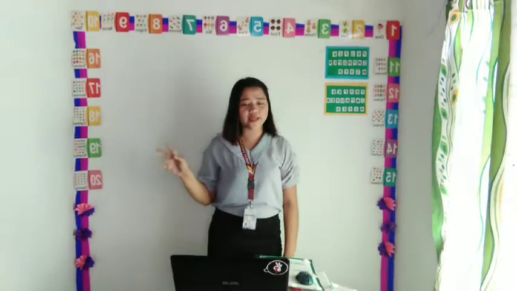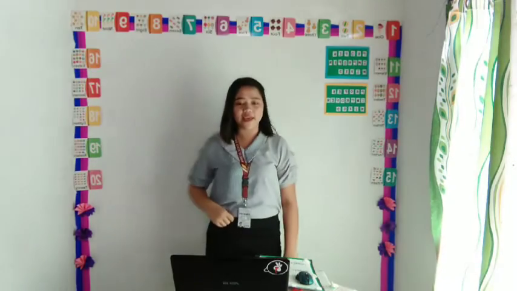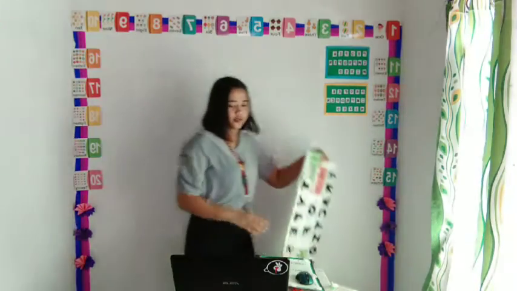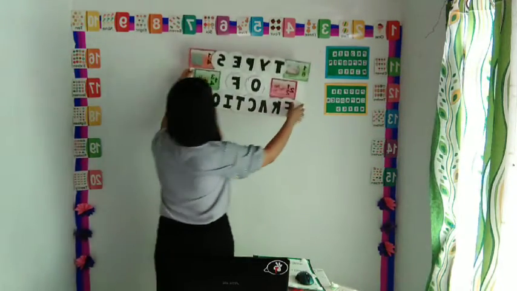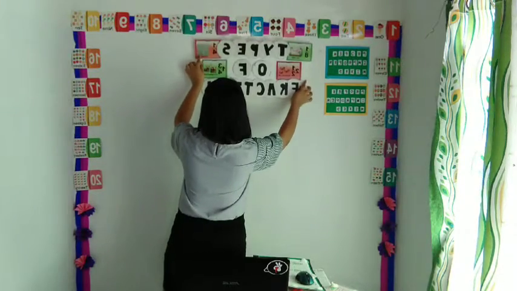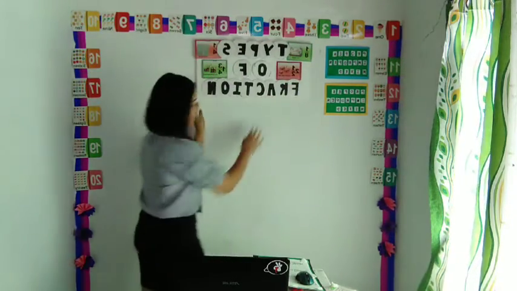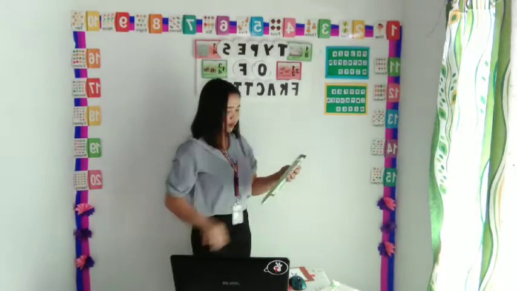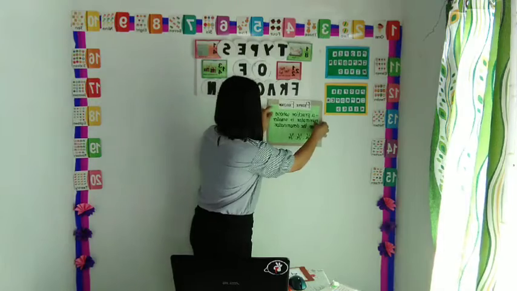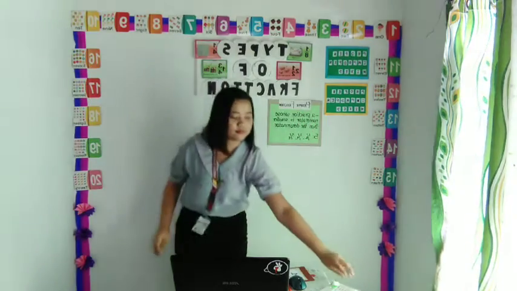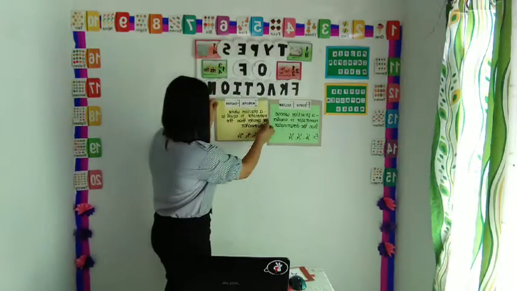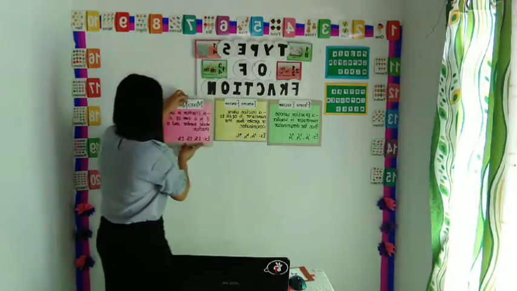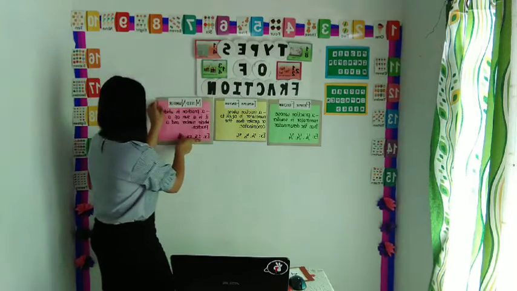Okay, let us now begin our new lesson for today. It is all about the types of fraction. There are 3 types of fraction, which are the proper fraction, the improper fraction, and the mixed number.